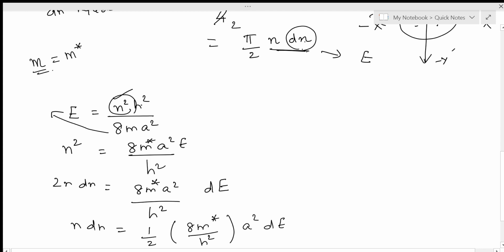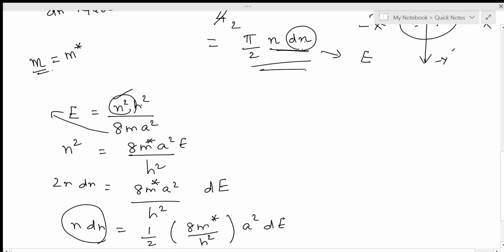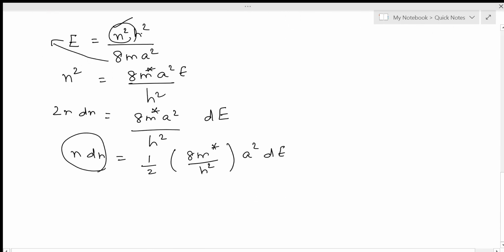Substituting the value of n dn in this equation, we get pi by 2 n dn.